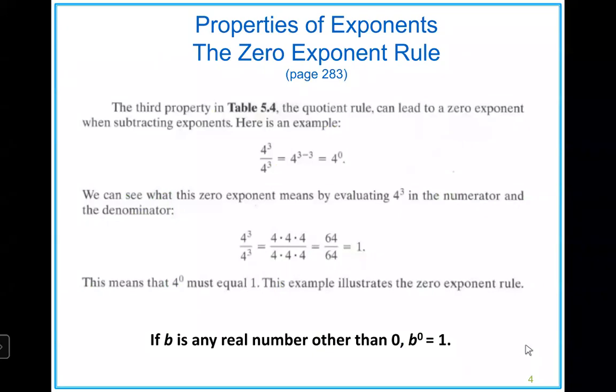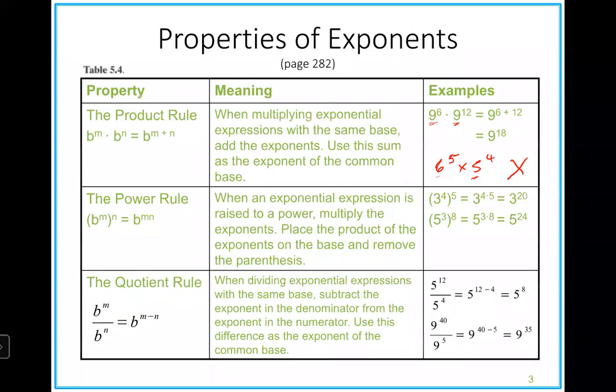Now, following from the table that we just looked at, we can come to some conclusions. And this first conclusion has to do with what is called the zero exponent rule. In this case, we had, as an example, 12 minus 4.